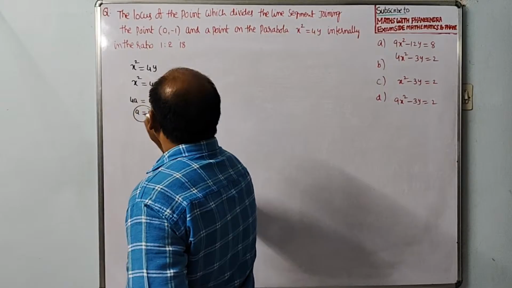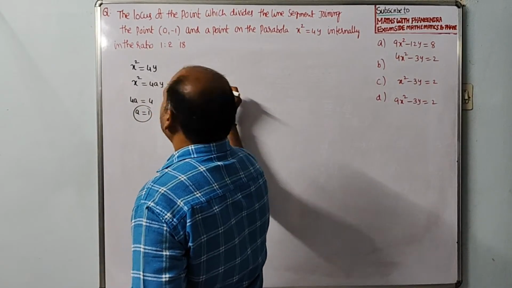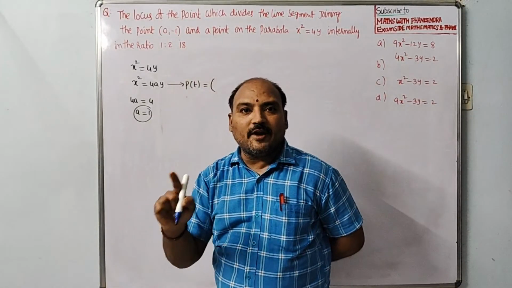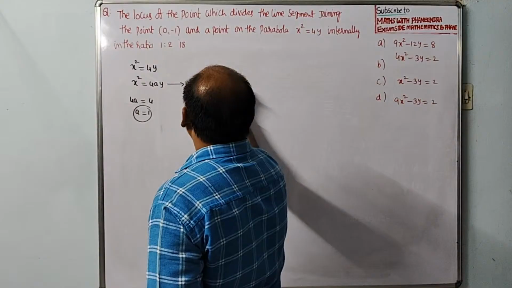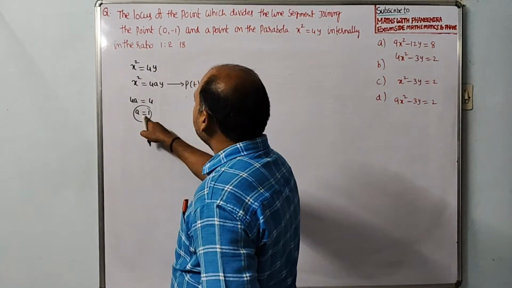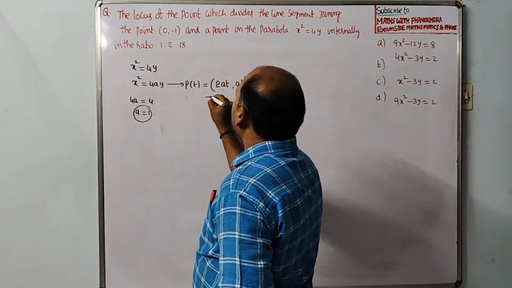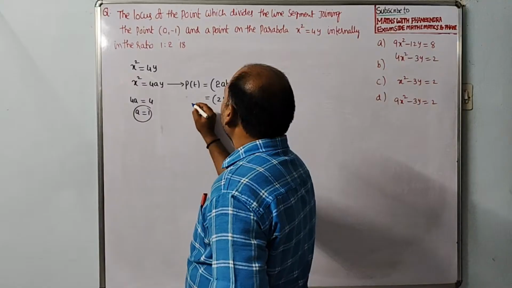Generally for y square is equal to 4ax the point is (at square, 2at), but it will be reversed in this case, (2at, at square). So wherever a is there, replace with 1, this point will become (2t, t square).